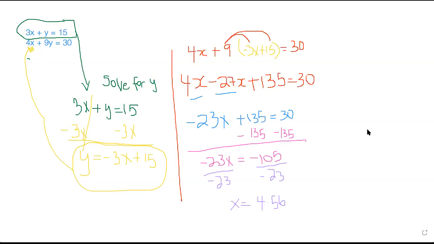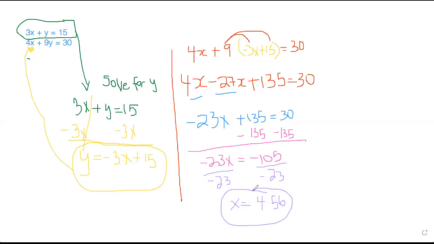Yeah, can you repeat that again? When you divide negative 23 into 105, you get 4.56. Yeah. So that's your x, right?